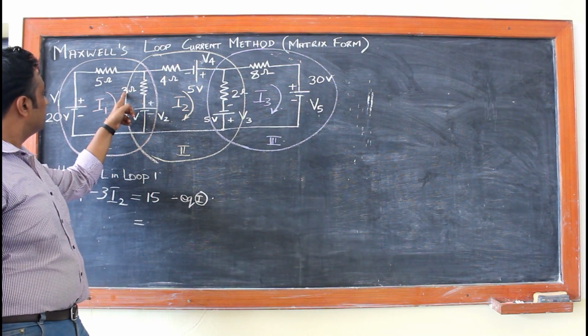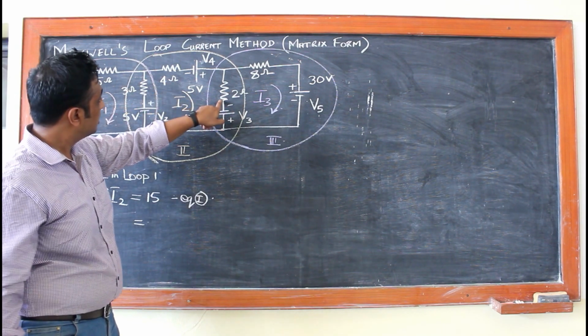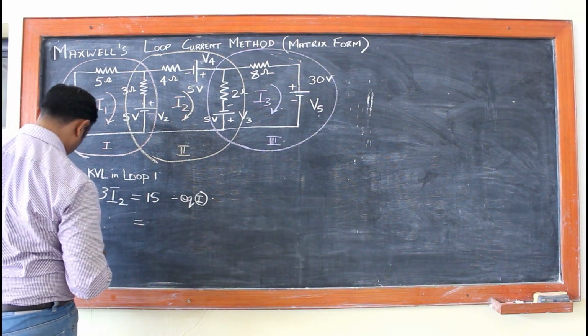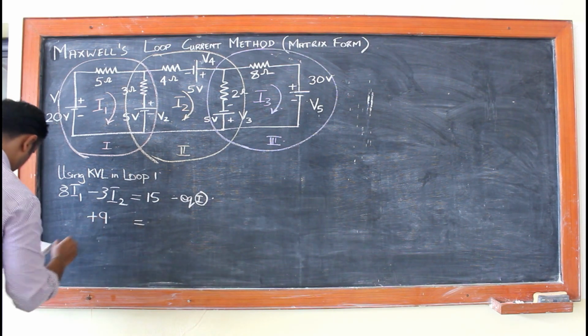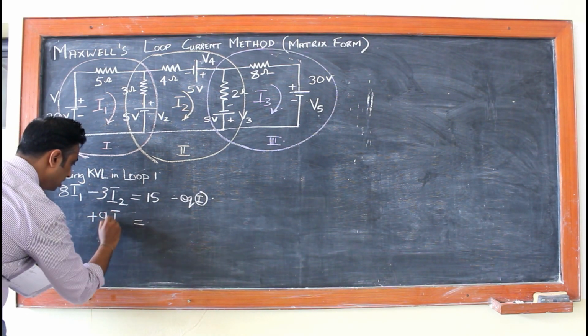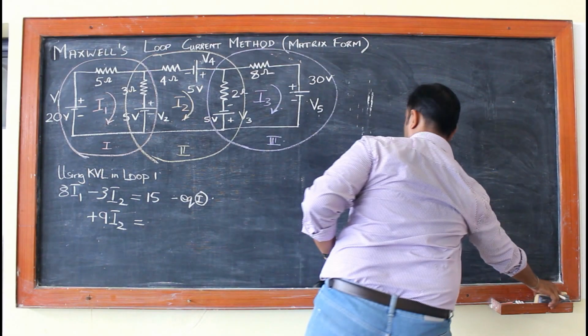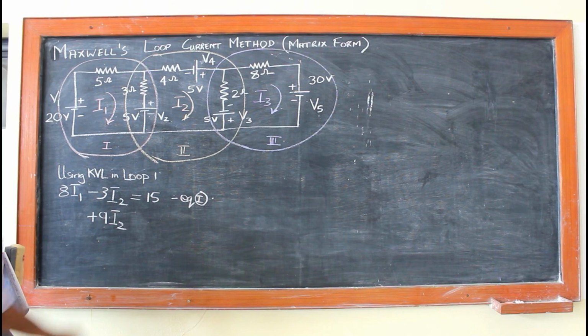So I'll add 4 plus 3 plus 2 ohms resistor, which will give me plus 9 I2.